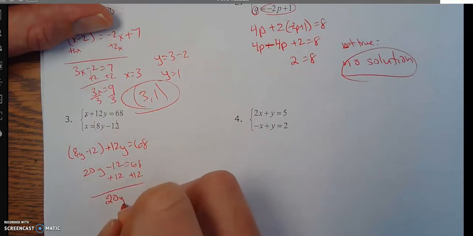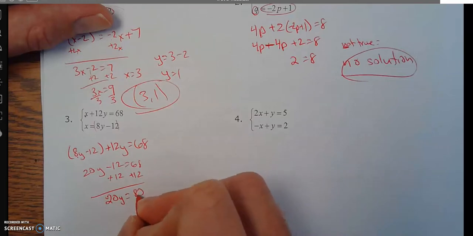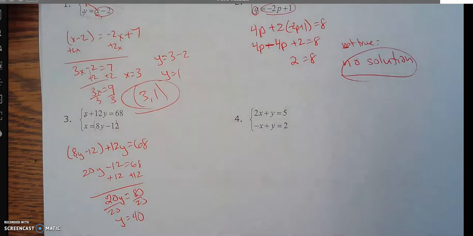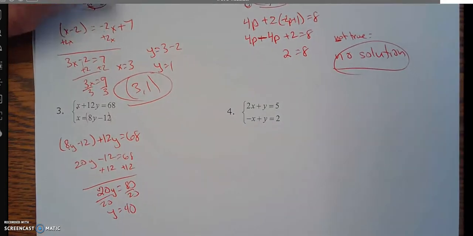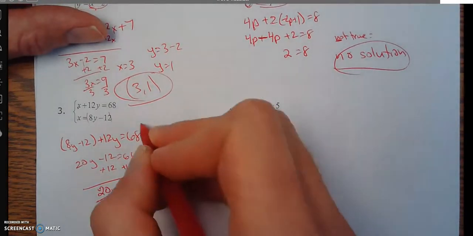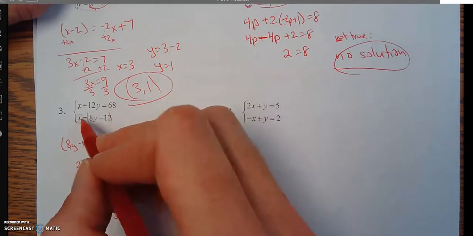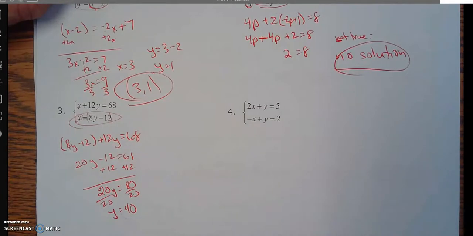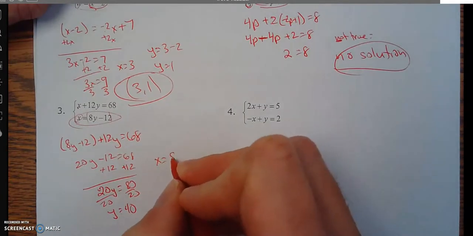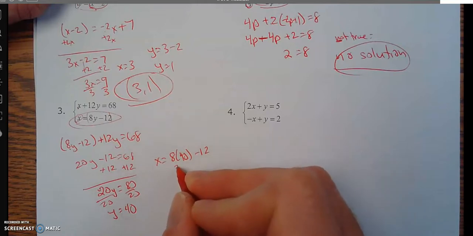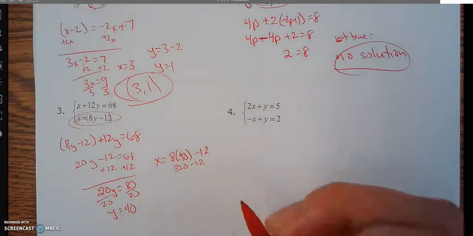Now my goal is to get y by itself. So y equals 40. Now I have y by itself. Plug it back in. I would want to use the one that has x by itself already. This equation has x by itself, and that's what I need. So x equals 8 times 40 minus 12. So that'd be what, 320 minus 12?